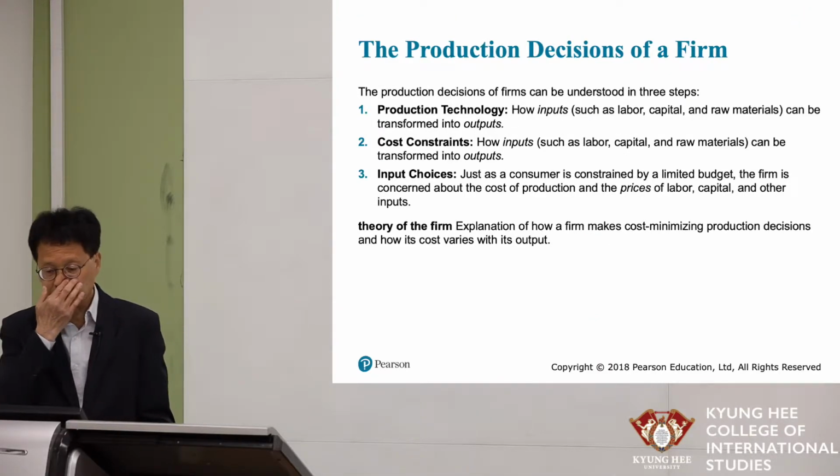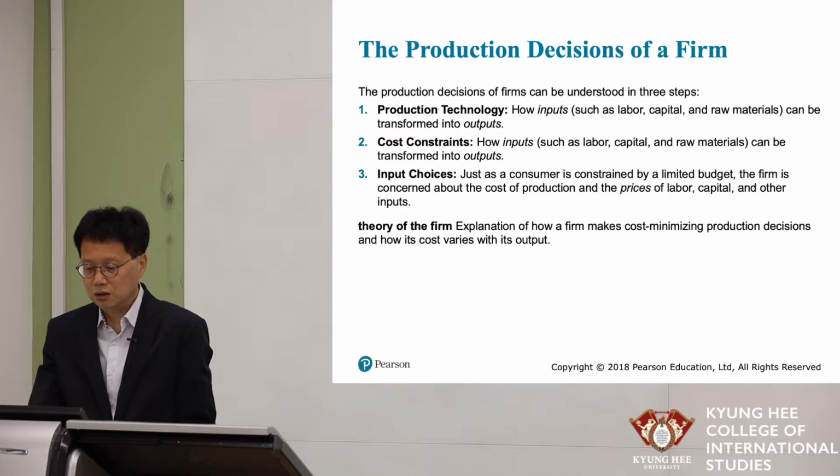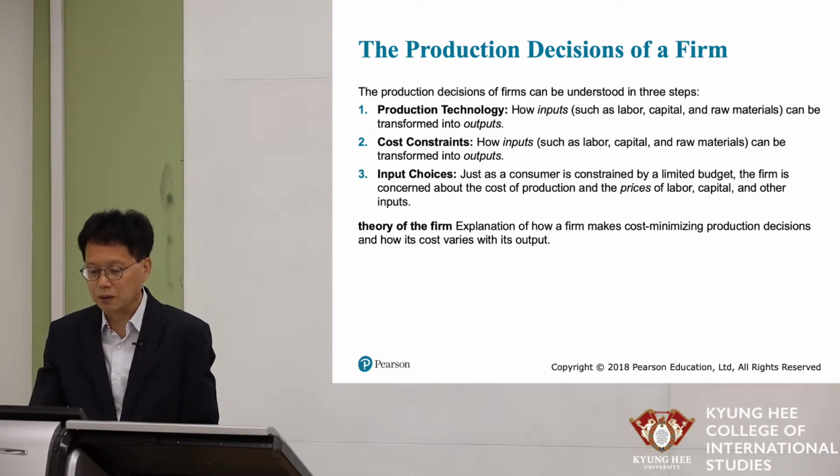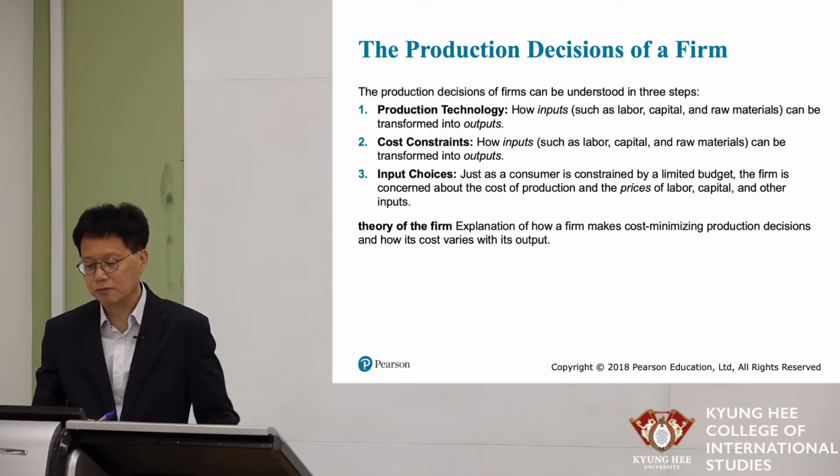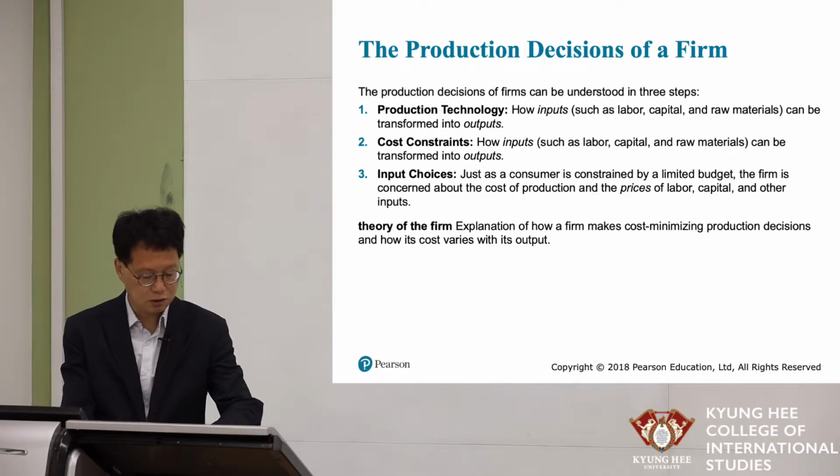Okay, the production decision of a firm. The production decisions of a firm can be understood in 3 steps. Number 1, production technology: how inputs, labor, capital, and raw materials can be transformed into outputs. This is mathematically formulated as a production function, isn't it?